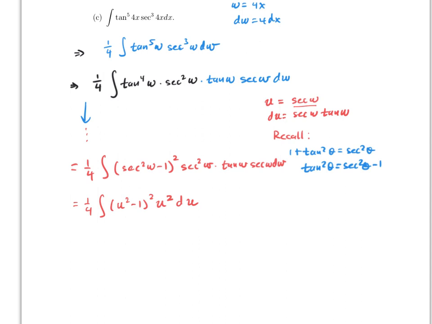Again, notice here that if u is secant, this will be u squared minus 1, so that gives you this part. And then this is obviously just u squared, and the du takes care of all of this.